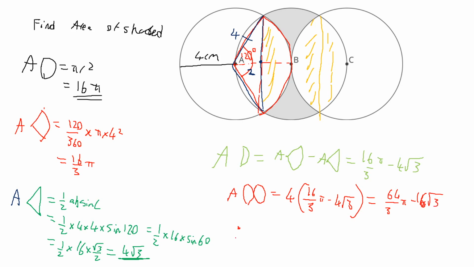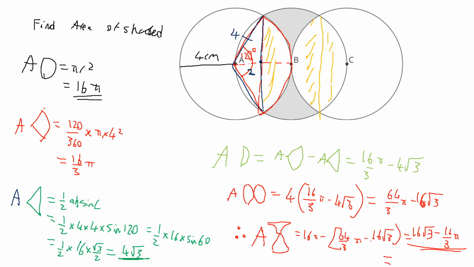And so therefore, the total area of the shaded region is just going to be what we had before, 16 pi minus all of that, 64 over 3 pi minus 16 root 3, which is the same as 16 root 3 minus 16 over 3 pi.